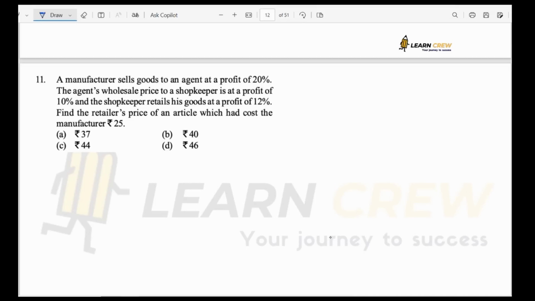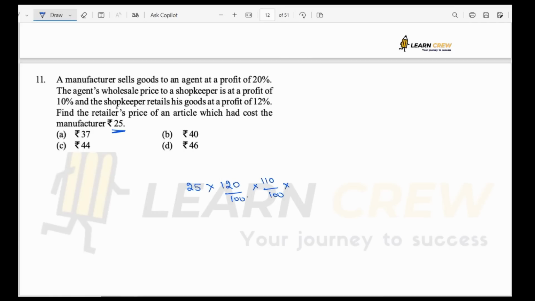It's an easy question. Please see here. For the manufacturer, how much is the cost? 25. And the manufacturer sells goods to the agent at a profit of 20%, so he is selling for 120% of it. The agent's wholesale price to a shopkeeper is at a profit of 10%, so on this there is a 10% profit.